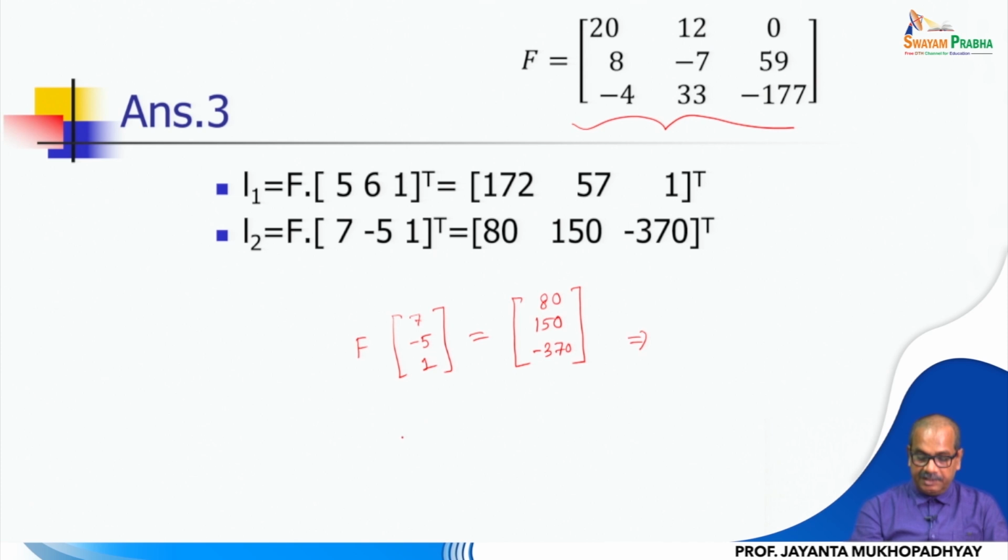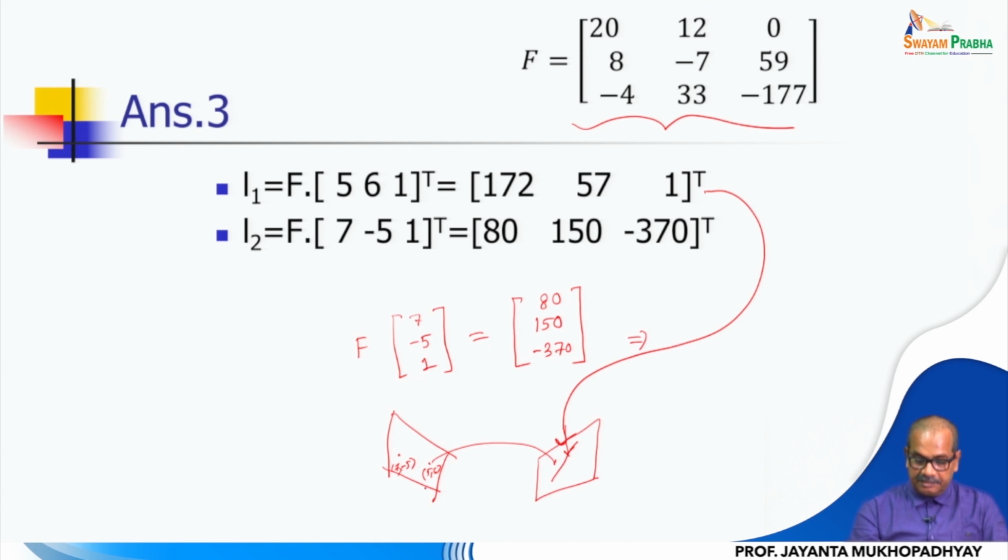So if I have the left image, say this is 5, 6, and say this is 7, minus 5. In the right image, for 5, 6, I will have an epipolar line, say the one I have shown, and for 7, minus 5, I will have another epipolar line.